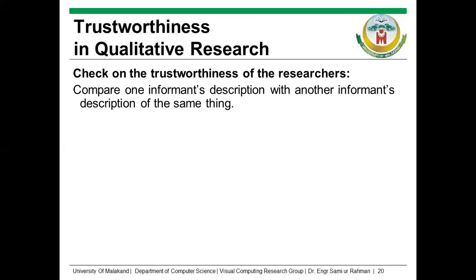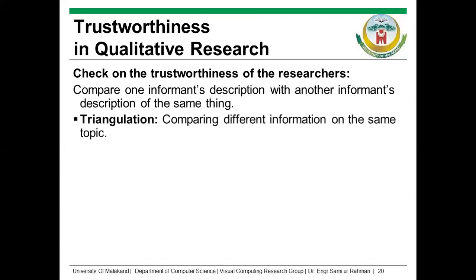Compare one information description with another description of the same things, and that may be different. So in qualitative research, we can get different outcomes from the same setup experiment. But in quantitative research, the result should always be the same.